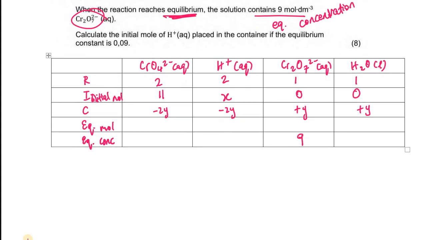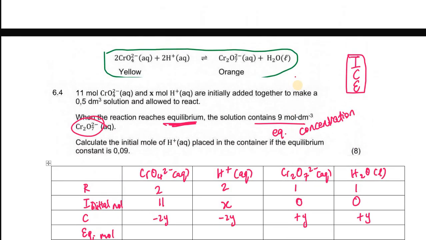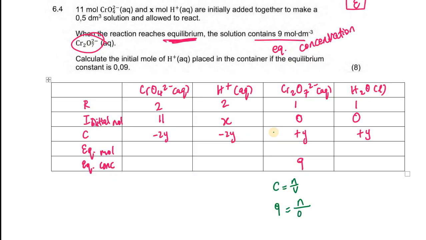Remember, the formula we can use is concentration equals N over V. The concentration we're given is 9 mole per decimeter cubed. Now we need the number of moles. What is the volume? Remember, we're working in a 0.5 decimeter cubed volume. So we use that volume there, 0.5.